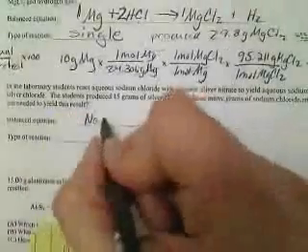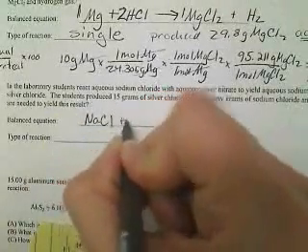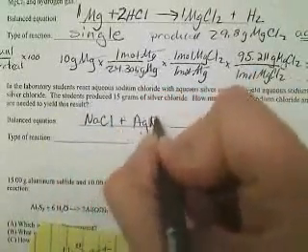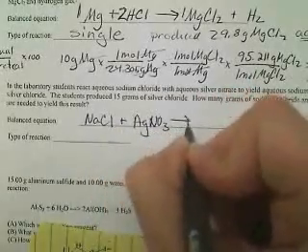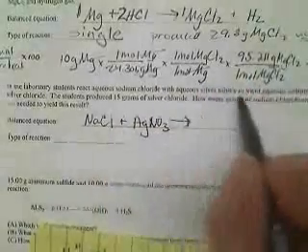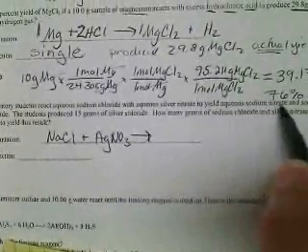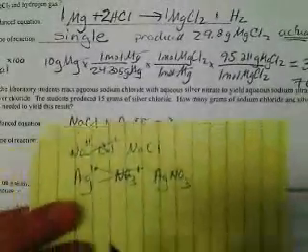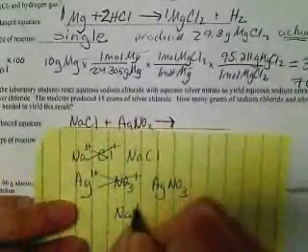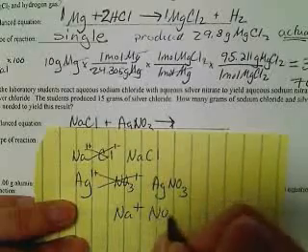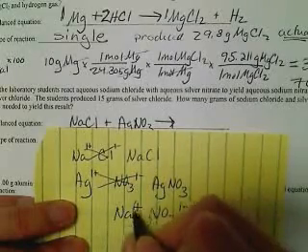So we're taking sodium chloride plus AgNO3. And what are we going to get? We yield, here it says sodium nitrate, okay, and solid silver chloride. So we're going to get Na 1 plus, NO3 1 minus.